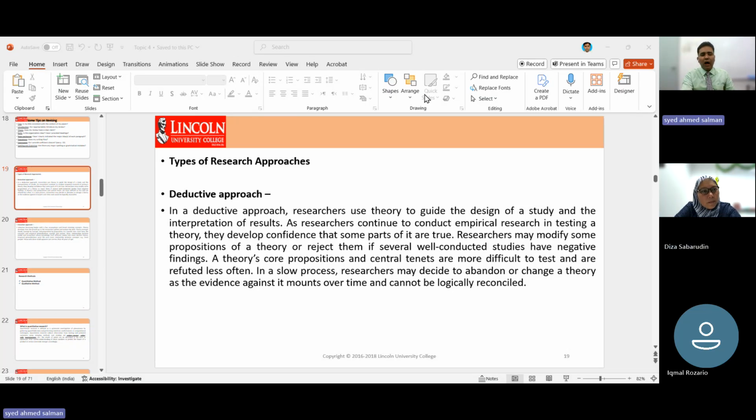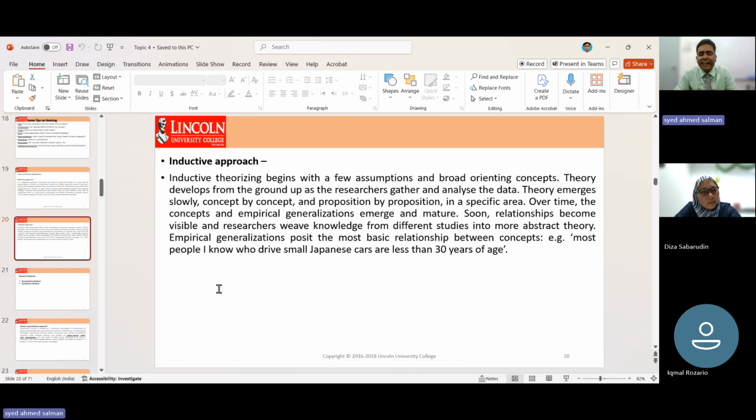Yes. However, we have one more approach, that is called the inductive approach. Inductive theorizing begins with few assumptions and broad orienting concepts. Easy to understand. In deductive approach, you already have a theory.